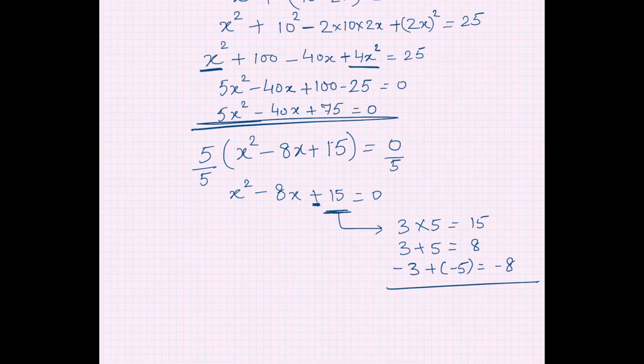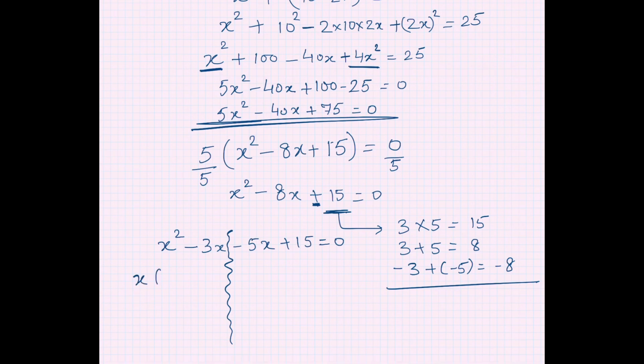So the two factors here are minus 3 and minus 5. So in place of minus 8x, we can write x squared minus 3x minus 5x plus 15 equals 0. And now we use the factorization method to solve it.